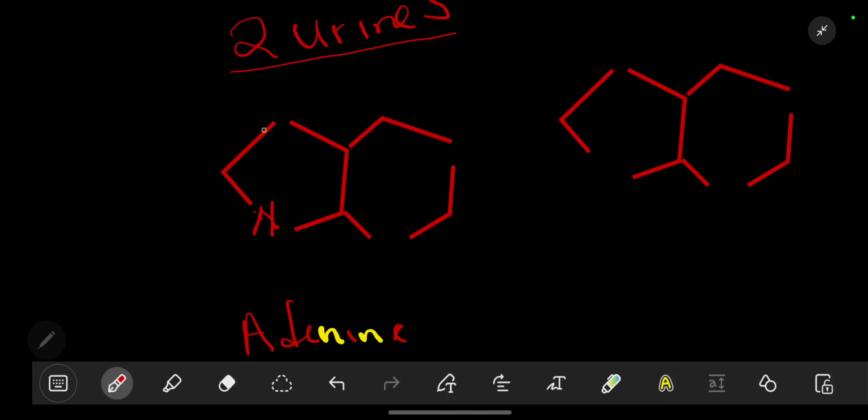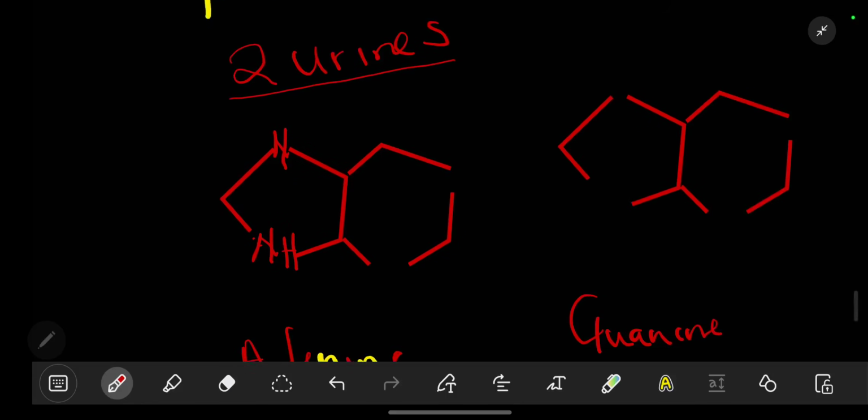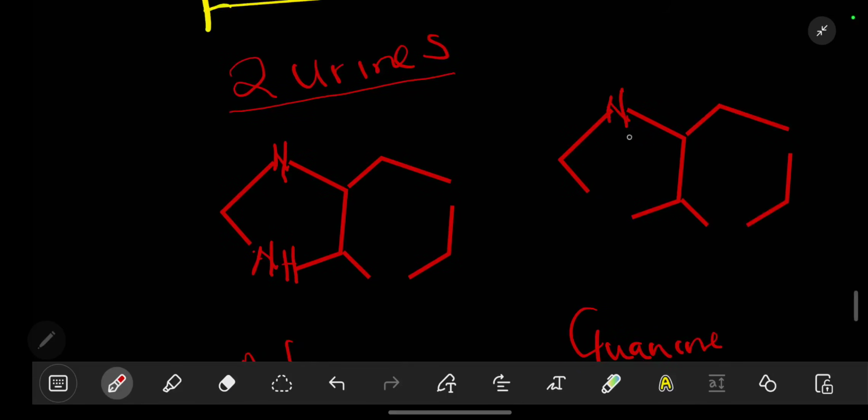So you have your N there, you have your N there. Then what you're going to do is that you are going to have your H like that. So this is the same whether you're drawing adenine or guanine. Then guanine, same thing. You're going to have the same structure N. You're going to have your NH like that.